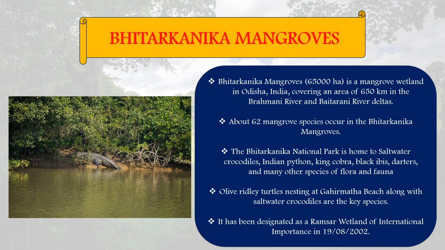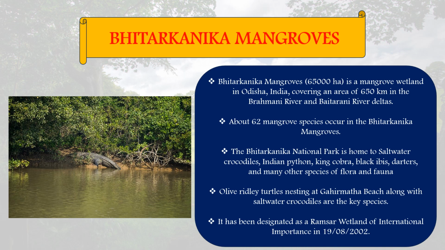Now, next Ramsar site is Bhitarkanika mangroves. Bhitarkanika mangroves of 65,000 hectare area is a mangrove wetland in Odisha, India, covering an area of 650 kilometers in the Brahmani River and Baitarani River deltas. And about 62 mangrove species are present in Bhitarkanika mangroves.